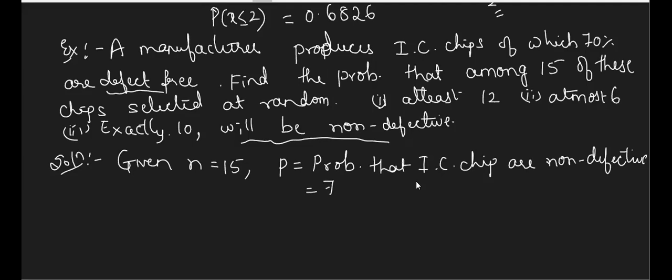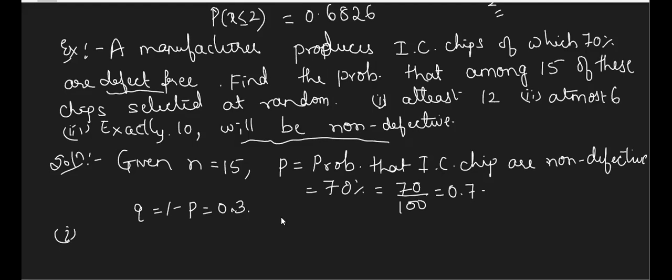So that is given as 70%, which means 0.7. Correct? Q is nothing but 1 minus P, which is going to be 30%, 0.3. Now, come to the conditions and you can solve it very easily.